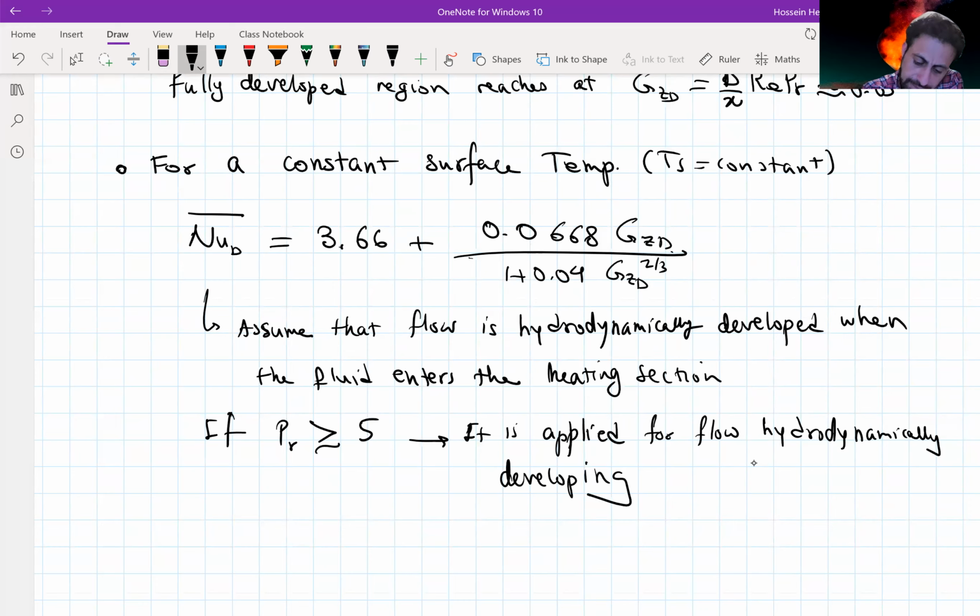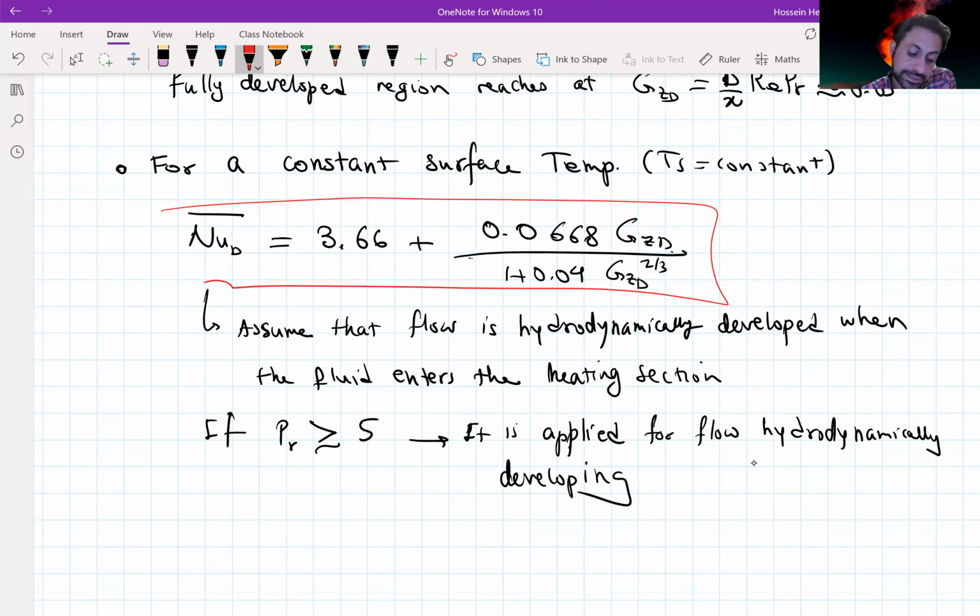Also, we had these assumptions that these correlations are valid for the thermal entry region when the flow is hydrodynamically developed. But if we have a Prandtl number greater than 5, still we can use these correlations.